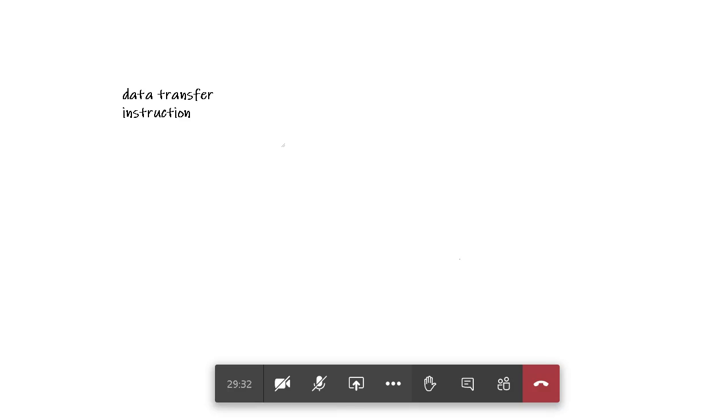We are going to move a 32-bit value. If the instruction is MOVW, then we are going to move a 16-bit value.